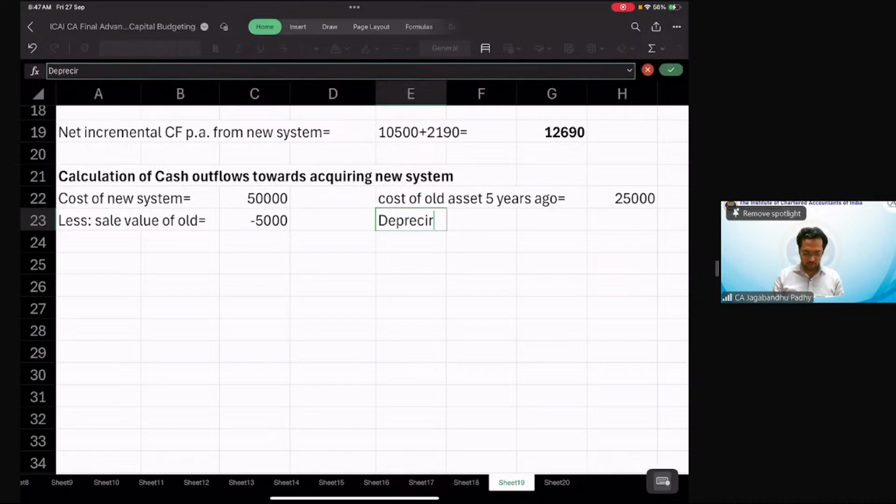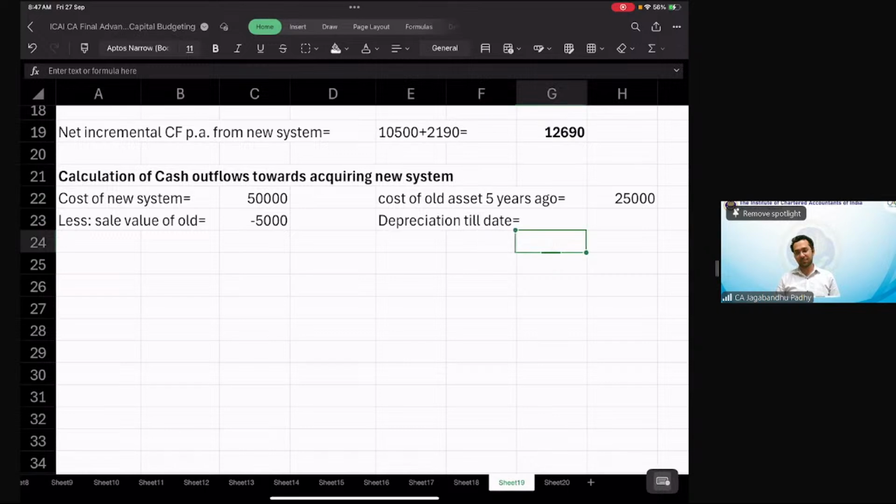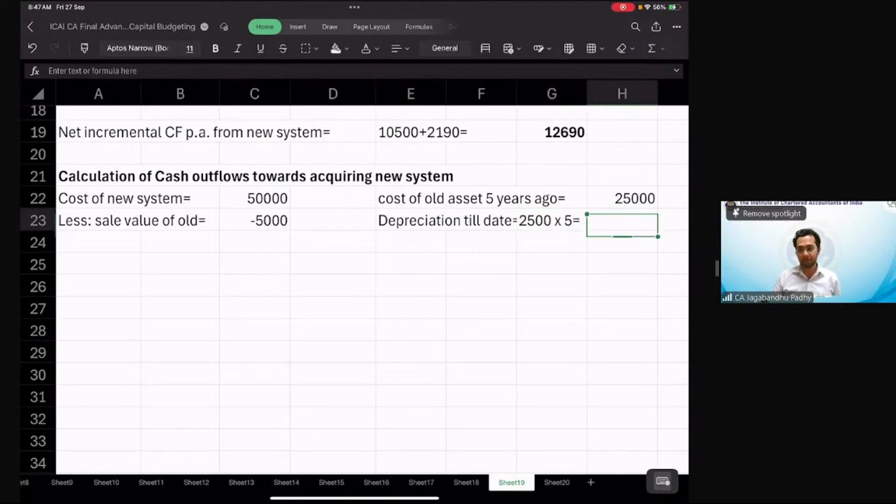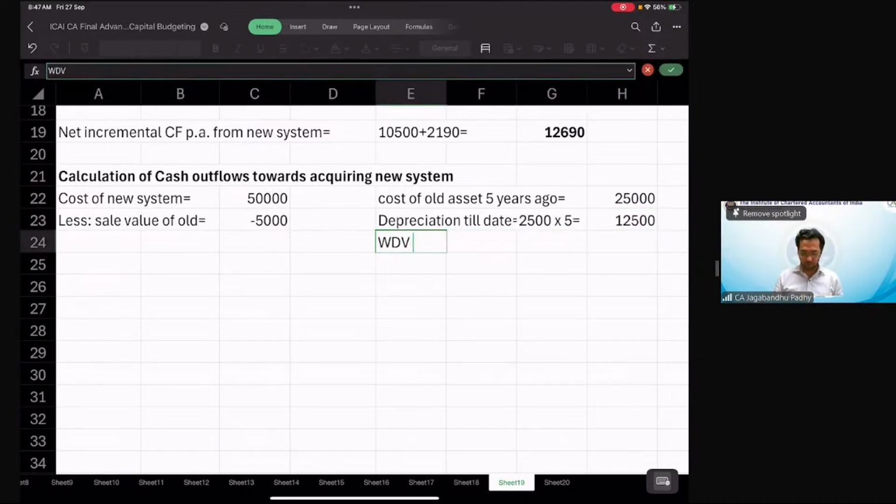Then tell me what is the amount of depreciation till date? How much is the amount of depreciation that we have charged till date? Can I say 2,500 into 5? So 12,500. So what is the WDV of old today?